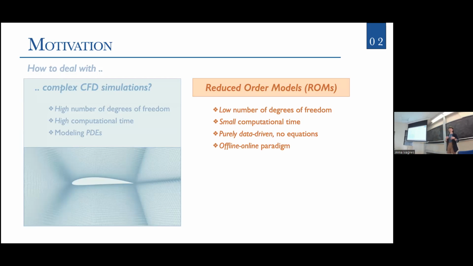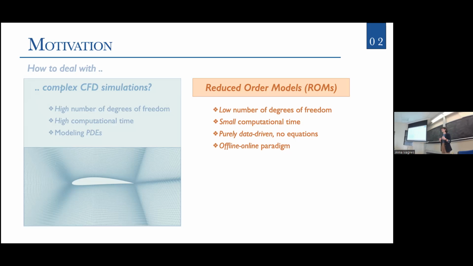In particular, ROMs allow you to express your problem in a computationally simple form, a system with a low number of degrees of freedom, much smaller than the initial number of degrees of freedom.